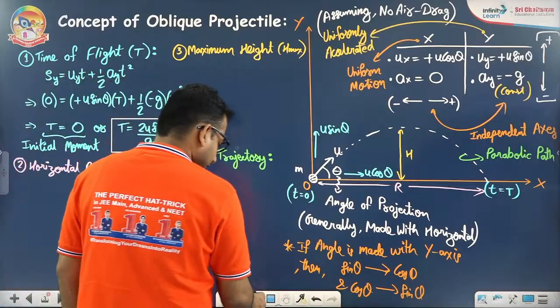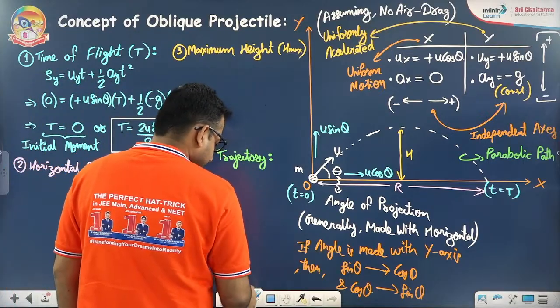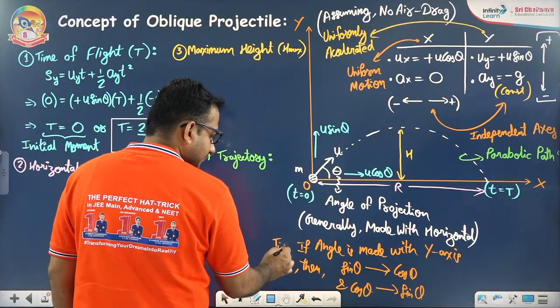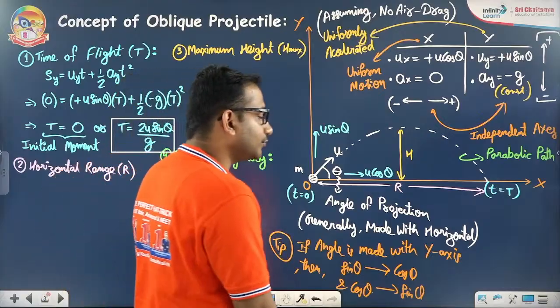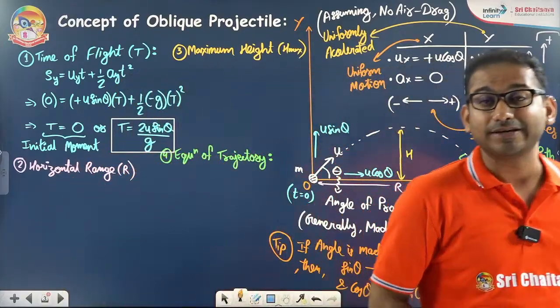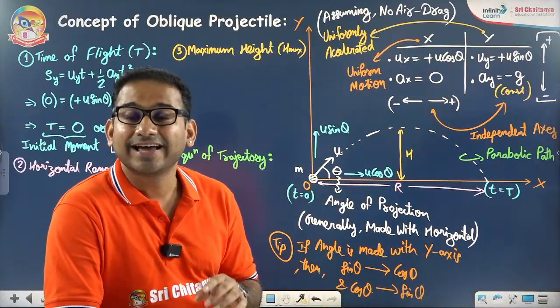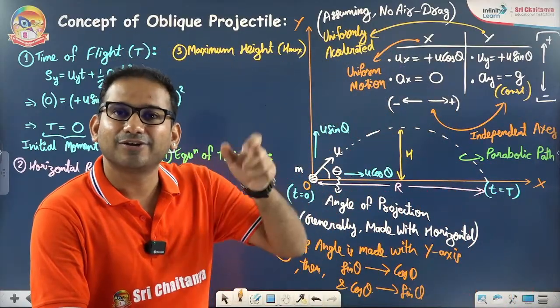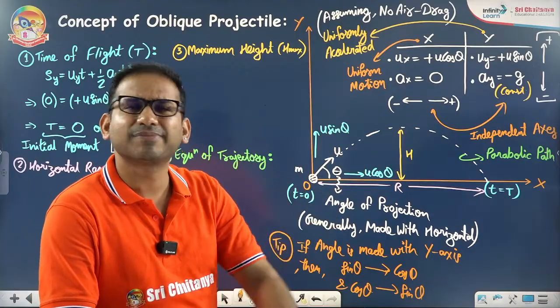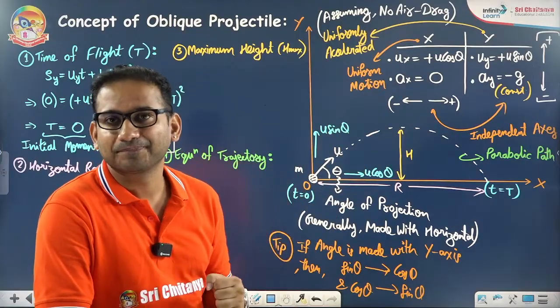A very nice tip to avoid errors: whenever you are trying to solve any numerical problem based on projectile motion, always check the angle of projection. If they say angle of projection, then it is by default made with the horizontal.